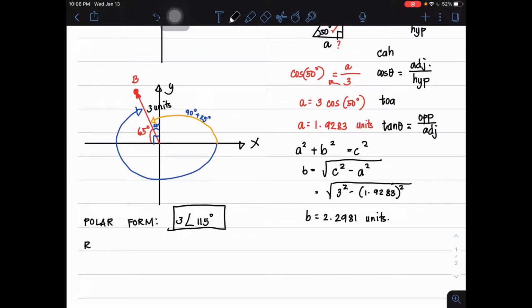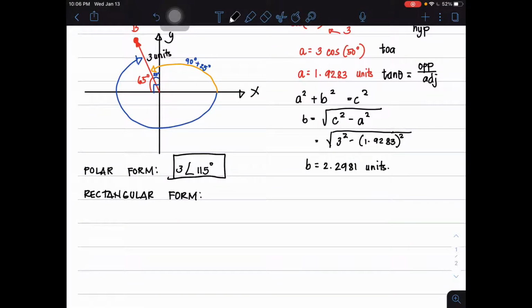Now for the rectangular form, we need to get the triangle first. Let me draw the line for you.